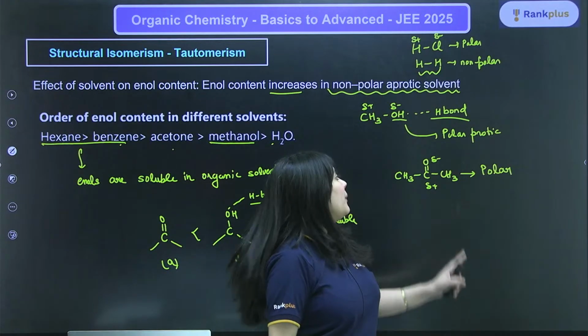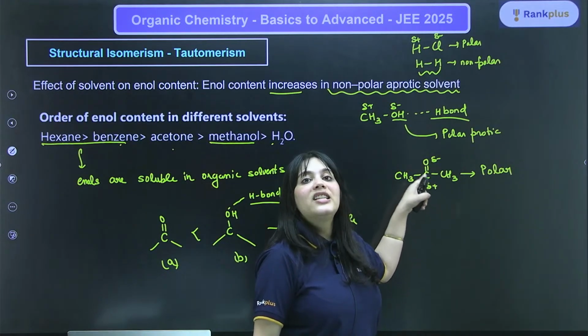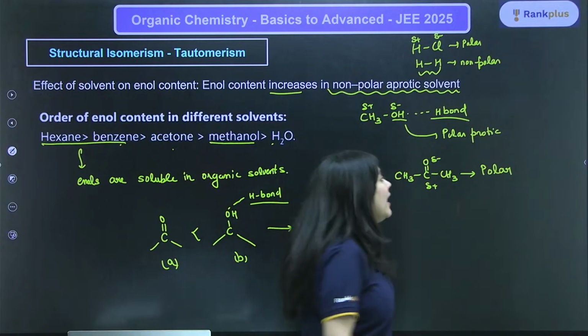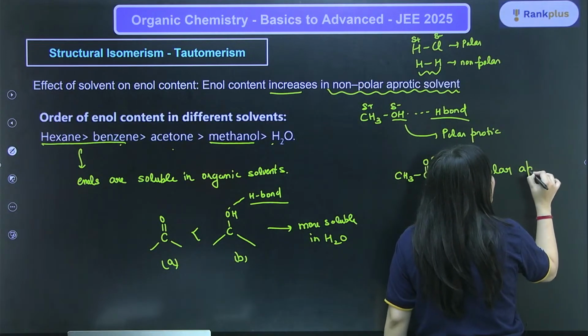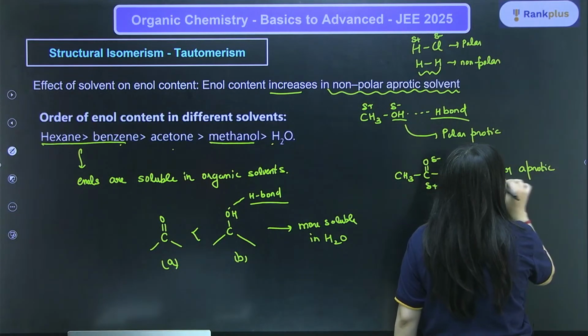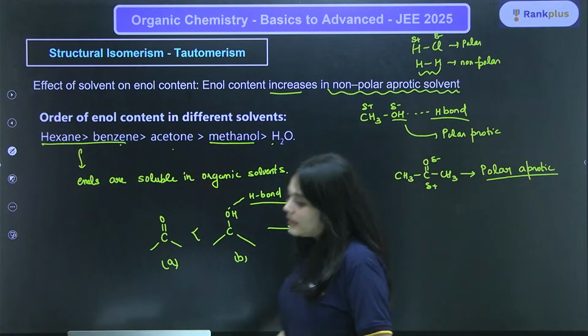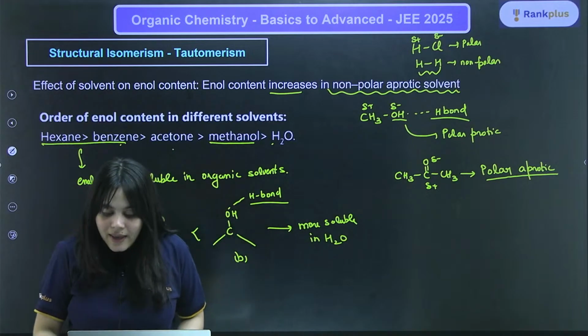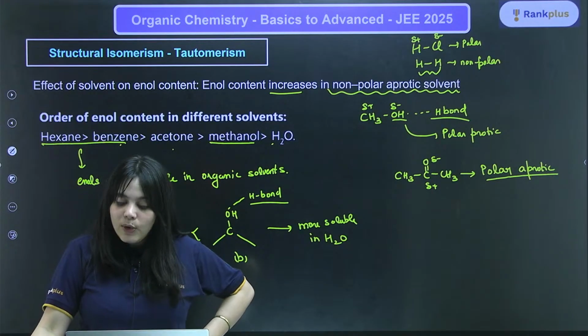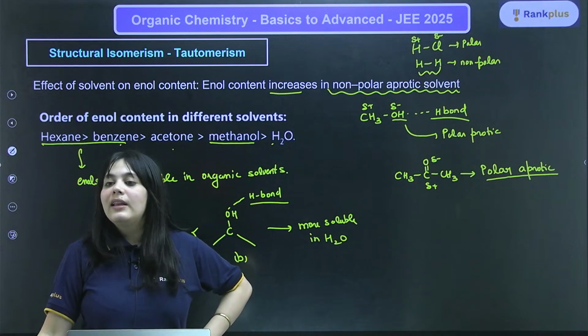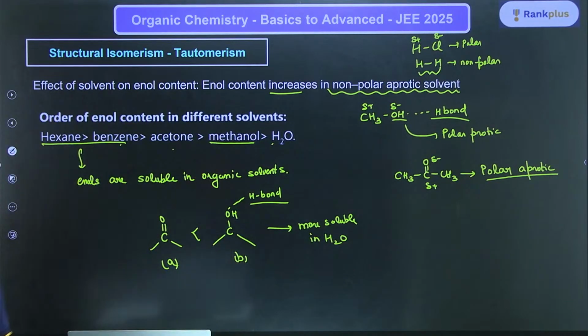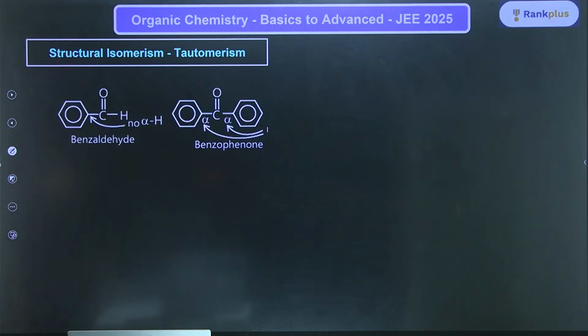No, it cannot, because there is no hydrogen attached directly to the electronegative atom. Hence, this is a polar aprotic solvent. I hope this distinction is clear to everyone. Let us move on to the next question.